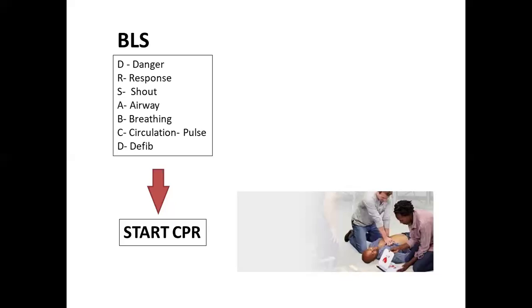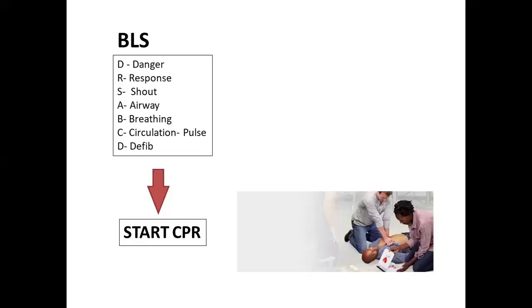The second thing is you should look for the response of the patient. Tap the patient's shoulder and look for the response, whether the patient is opening eyes, responding. If there is no response, you might be dealing with a cardiac arrest. You should shout for help and assess the patient's airway, breathing, circulation at the same time, right?